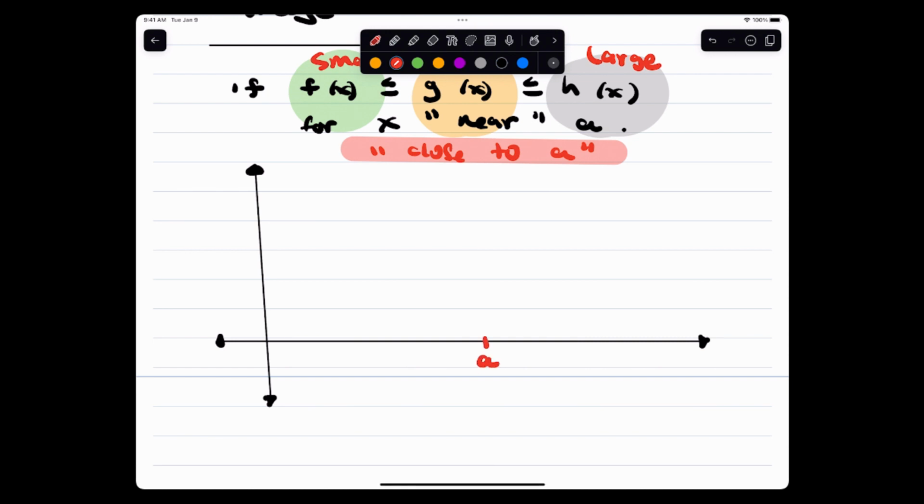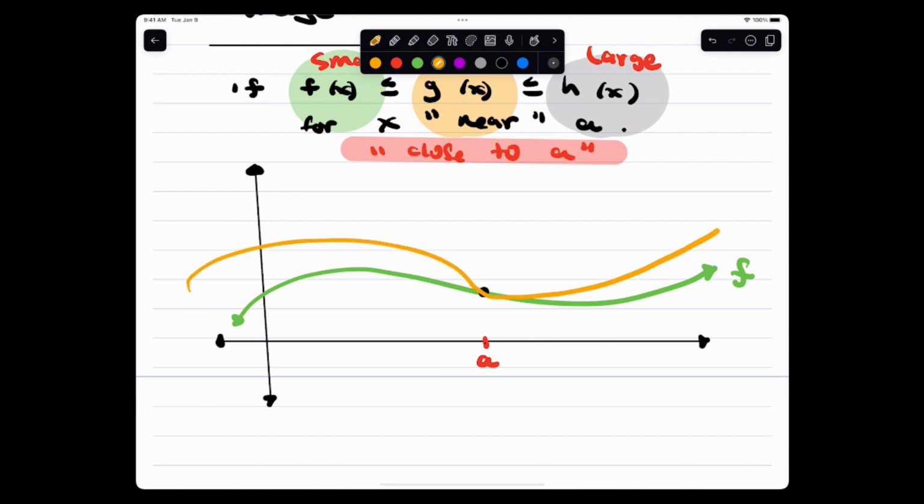Here's a. Here's that f function. Here's g. And here's the other.